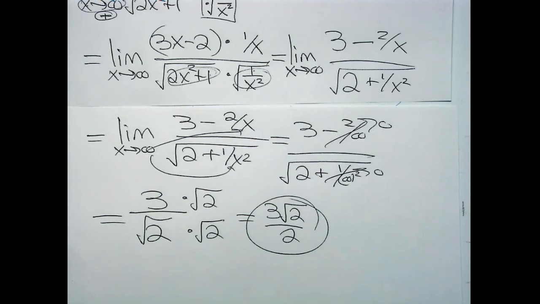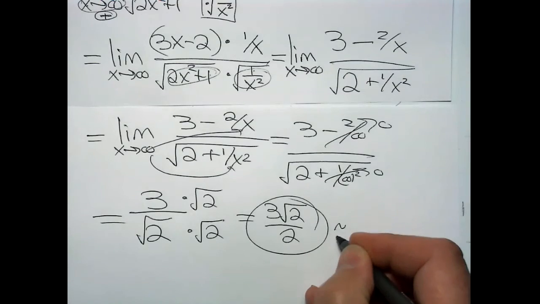So, apparently, on this particular function, when x gets large enough towards infinity, y is settling down at 3 square roots of 2 over 2. Let's see what that's worth numerically. It's approximately 2.12.